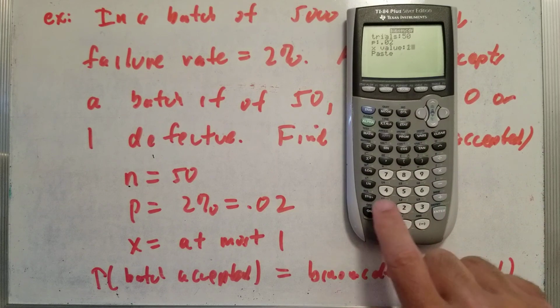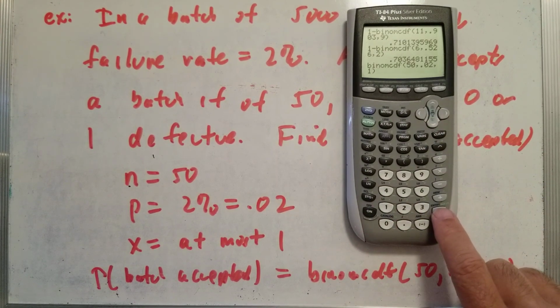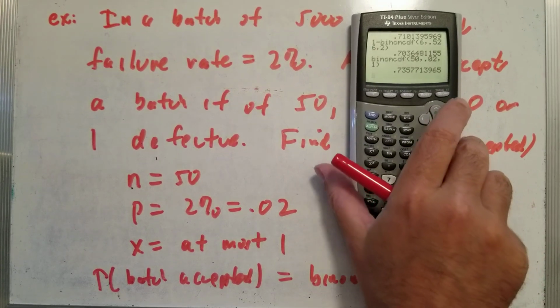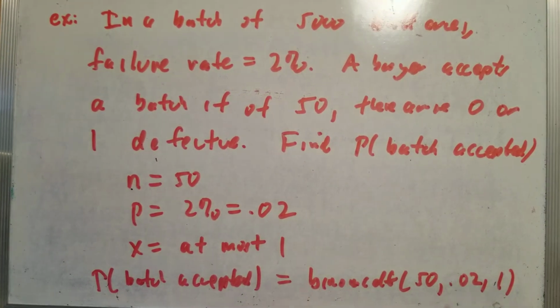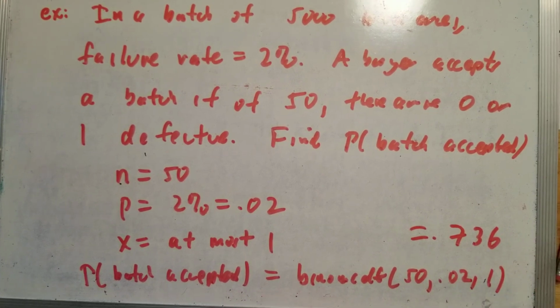We want to add up the probabilities 0 and 1, and that comes out to be 0.736 to 3 decimal places.